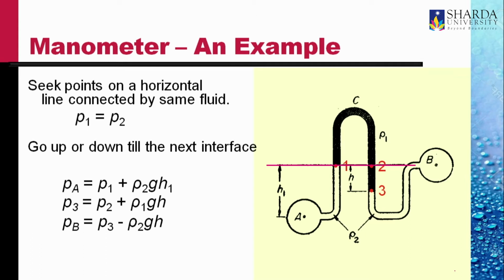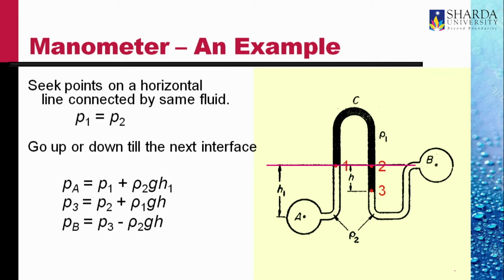Since the uncolored portion of the tube is filled with a fluid of density rho 2, pressure at A is higher than pressure at 1 by a liquid column of height h and of density rho 2.